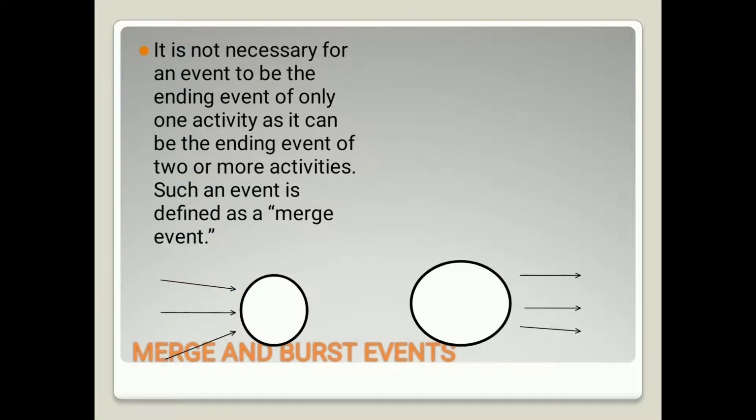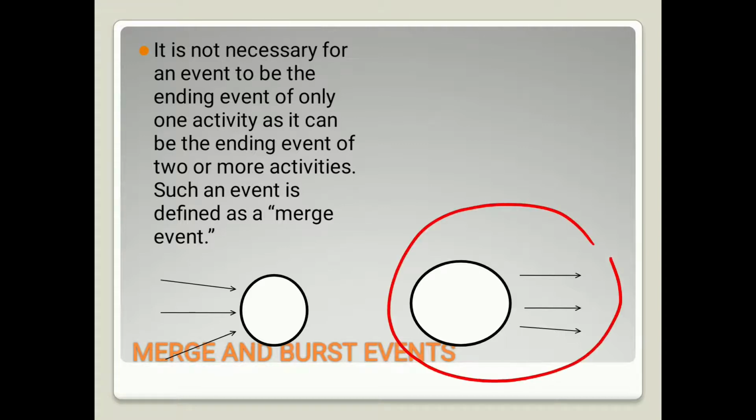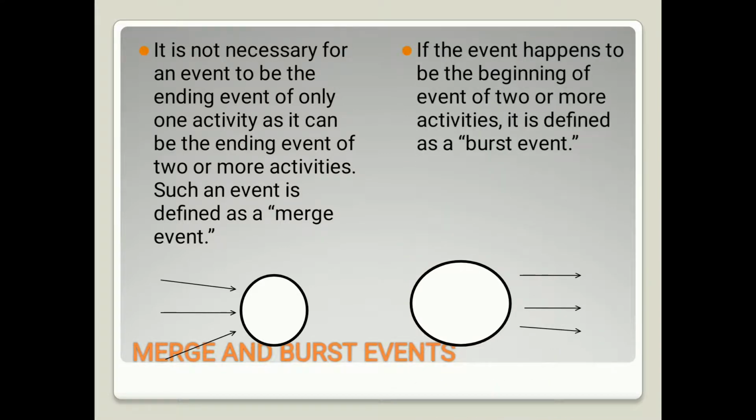In a merge event, two or more activities can end at a merge event. Now observe this diagram. In this diagram, the arrows are coming out, which means it is a burst event. Why? Have a look at the definition. If the event happens to be the beginning event of two or more activities, it is defined as a burst event.